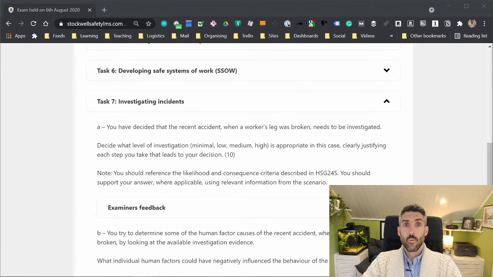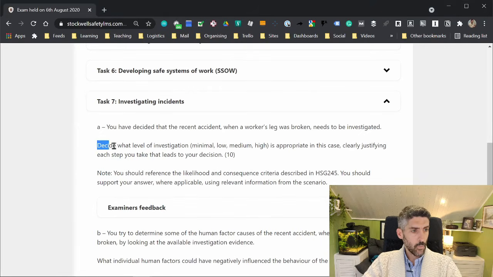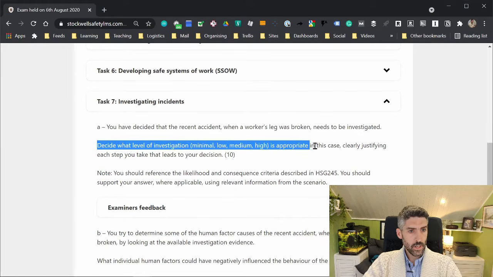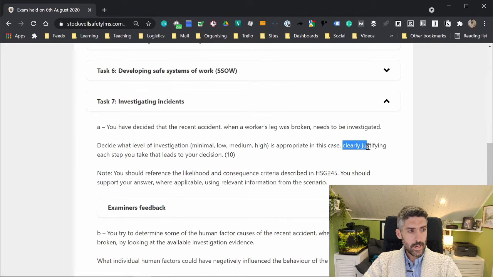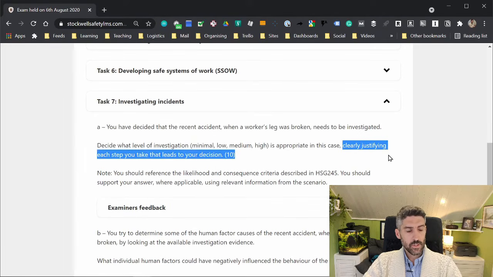So with this question being worth 10 points, what we want to be looking at is a word count of around about 330 words, taking into account that 10% leeway. So we're being asked to decide on what level of investigation is appropriate, but really the question is more about us being able to clearly justify the steps that we took that justify that decision.